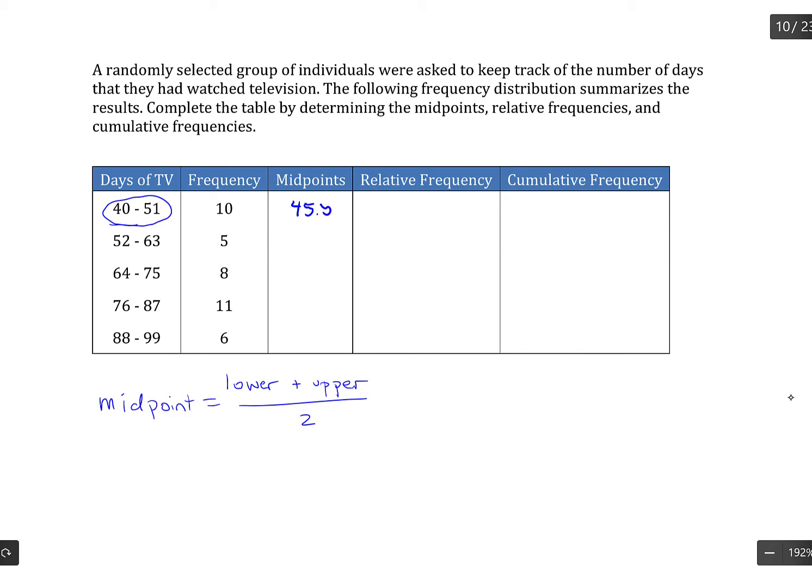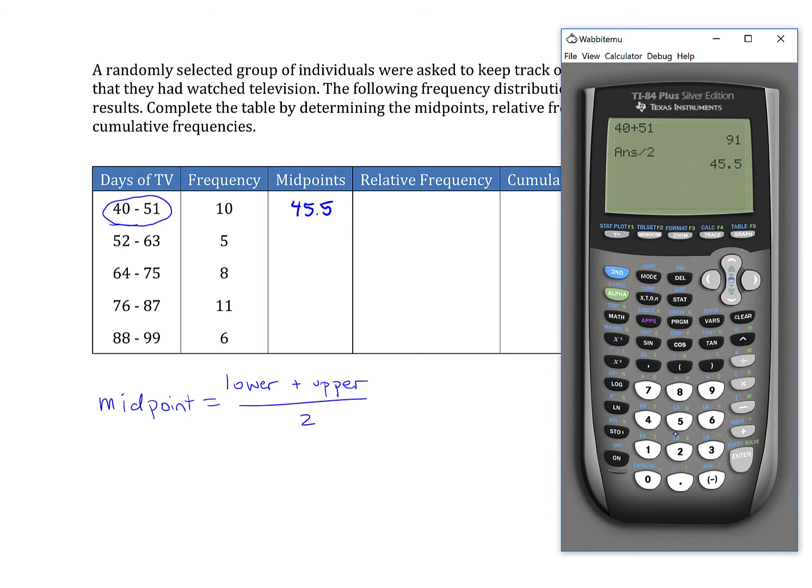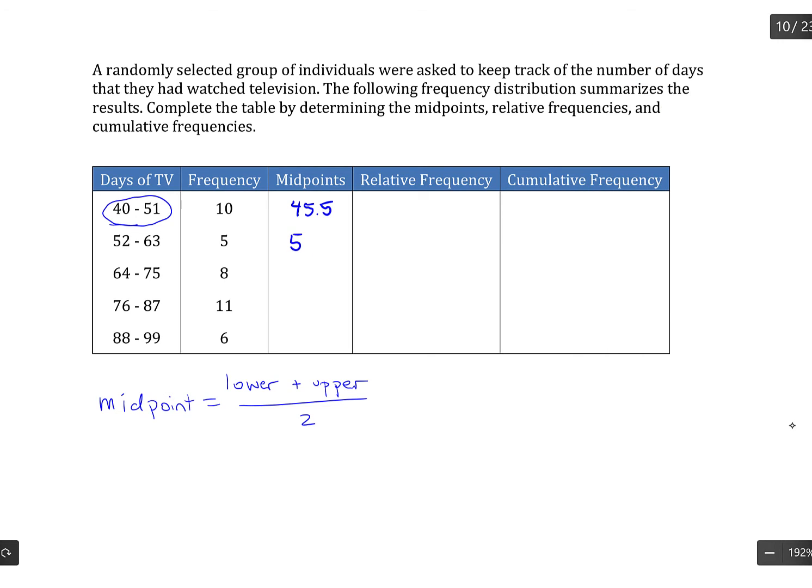So I think that we are just fine with that value. Next, we want the midpoint of the second class. We do the same thing: take the average of 52 and 63, and that gives me 57.5.